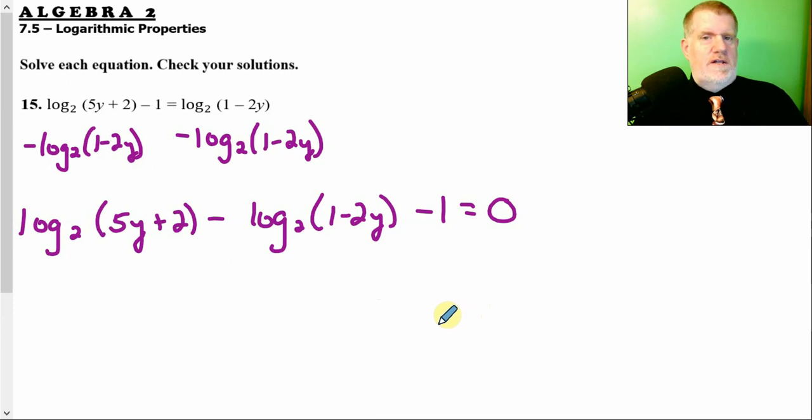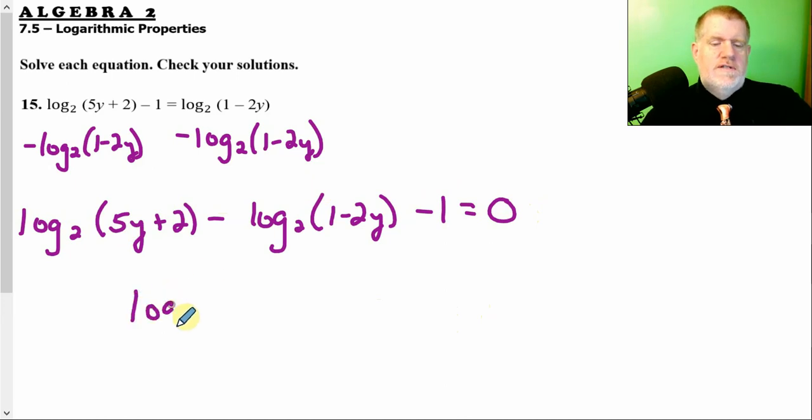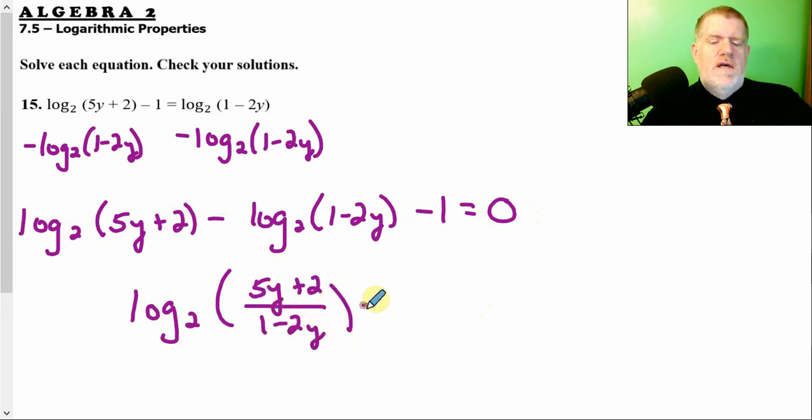All right, let's do 2 steps in this next one. I'm going to add 1 to both sides. It's okay if I have a single number over on the other side. But when I subtract, I divide these. So here's how I'm going to write it. Log base 2, 5y plus 2 divided by 1 minus 2y equals 1.